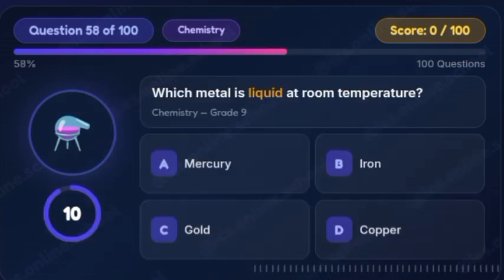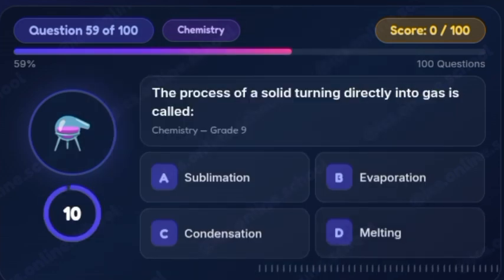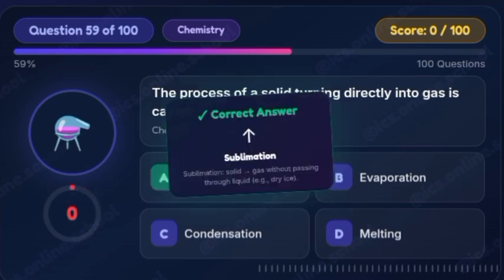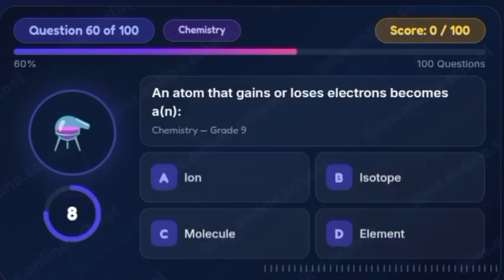Which metal is liquid at room temperature? Mercury. What's the process of turning solid directly into gas? Sublimation. An atom that gains or loses electrons becomes an ion.